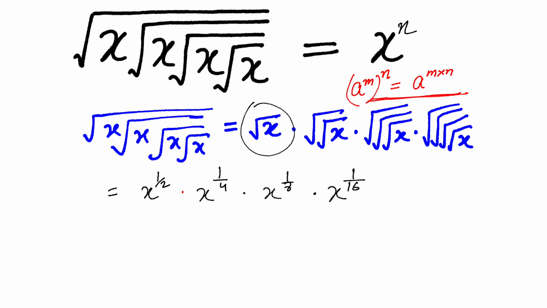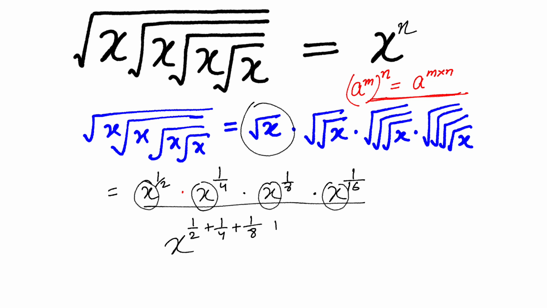Now the next step is to multiply everything together. For that, the bases are the same, as you can see. If the bases of the exponential expression are the same, then we simply add the exponents or the powers. So we'll simply add 1 by 2 plus 1 by 4 plus 1 by 8 plus 1 by 16 is equal to, we will take the LCM of the denominators 2, 4, 8, 16, the LCM is 16, and then replace the numerator accordingly.